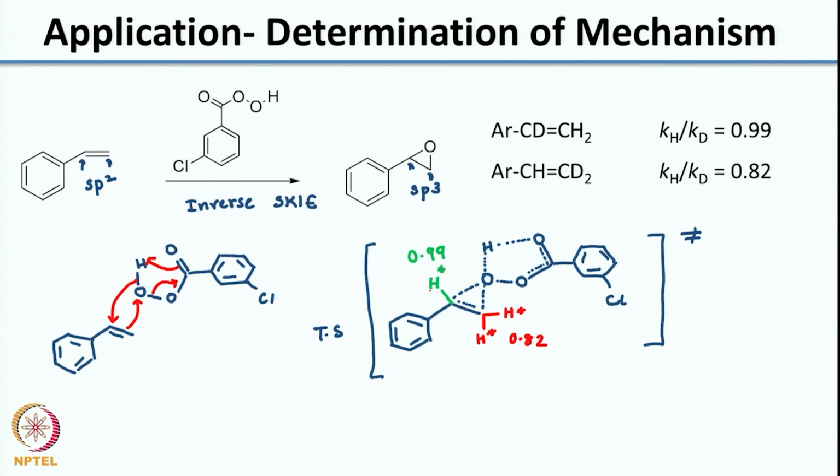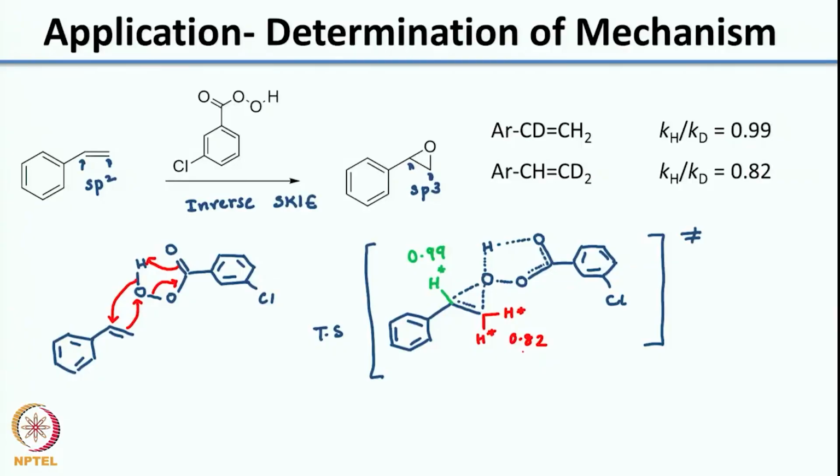What that tells you is that there must be some difference between these two positions. What you see is that in this position there is greater sp3 character as compared to this position, because you see a value of 0.99.